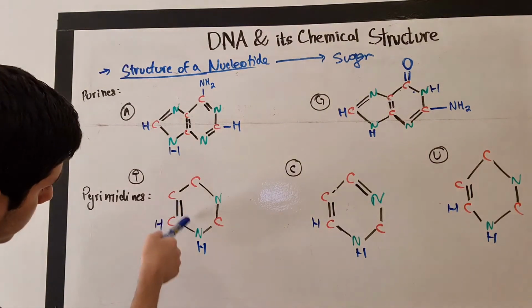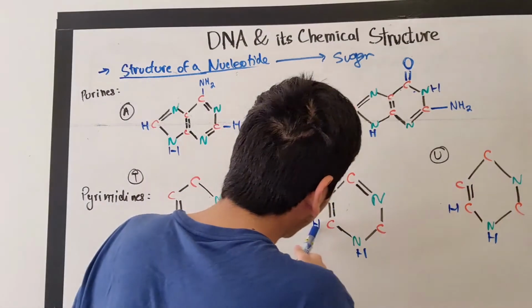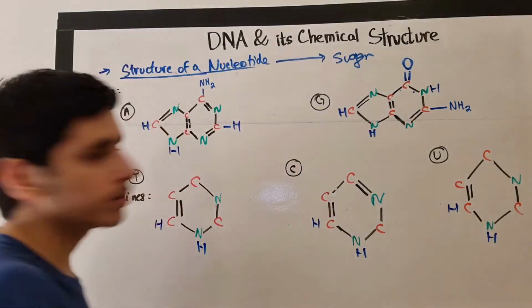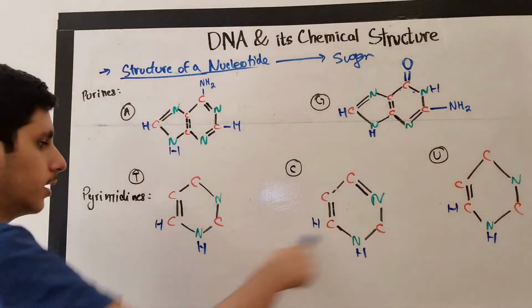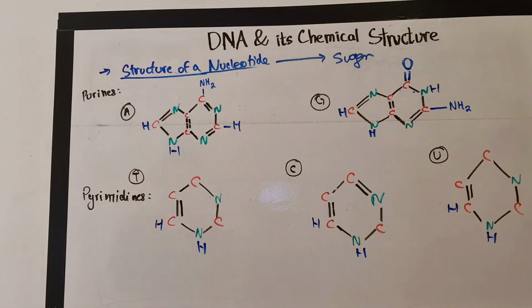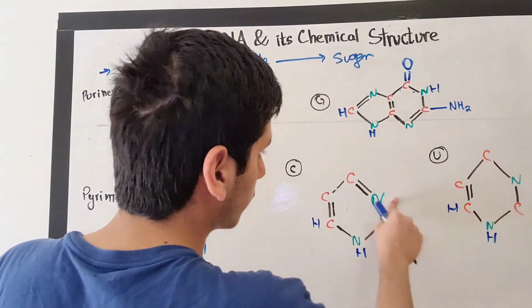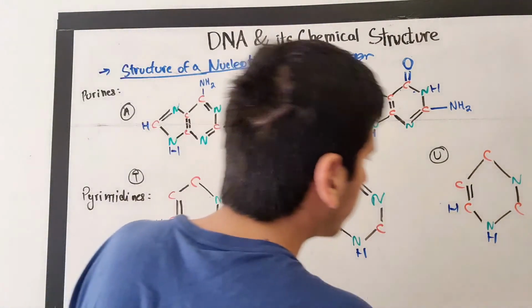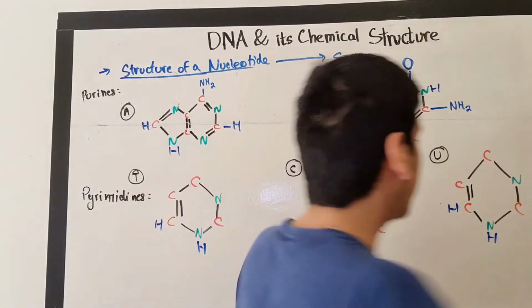So it's 2 plus 1 is 3, plus 1 is 4. So these carbons are done. This nitrogen is done with it. And this nitrogen won't bond to anything because it's already sharing 3 valence electrons.